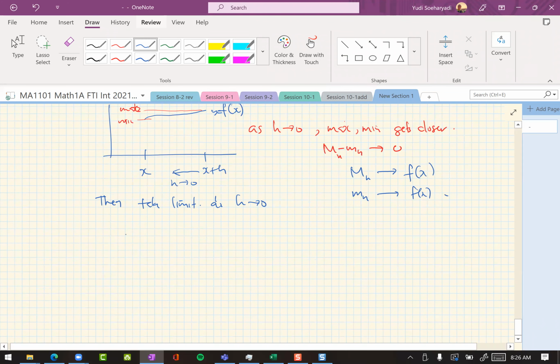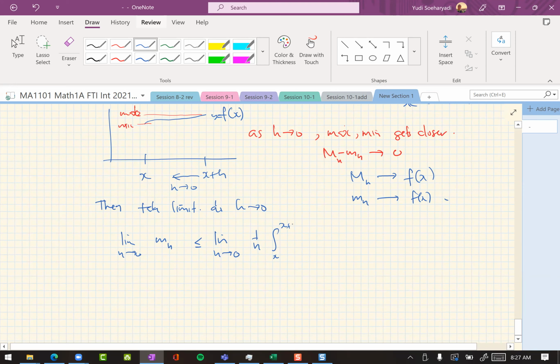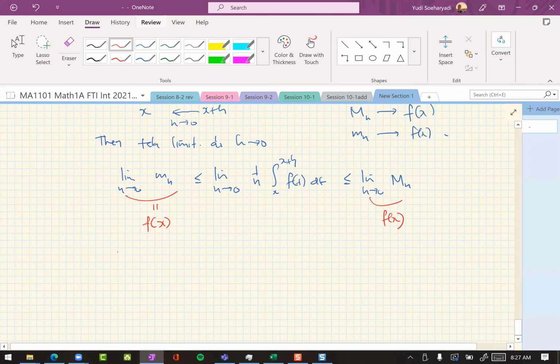So we take the limit and use squeeze, right? 1 over h times the integral of f(t) dt, this limit gives you just f of x. Yeah, f of x. Right? So this is this limit.